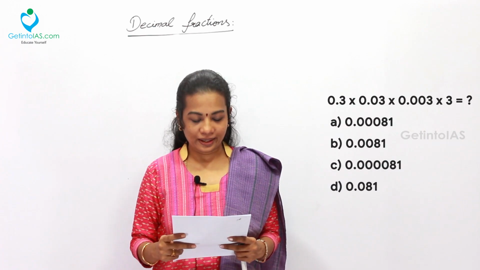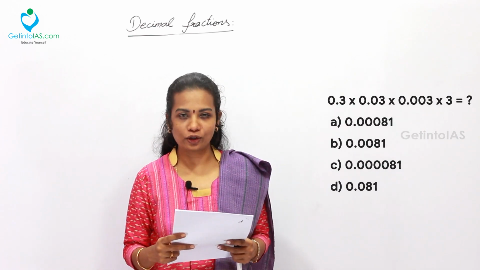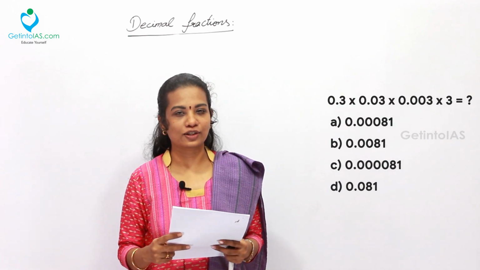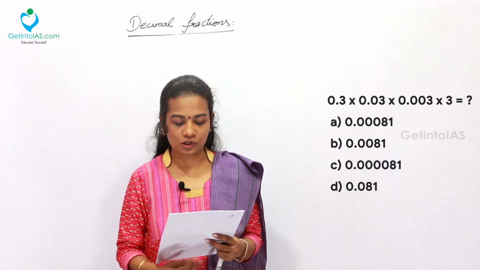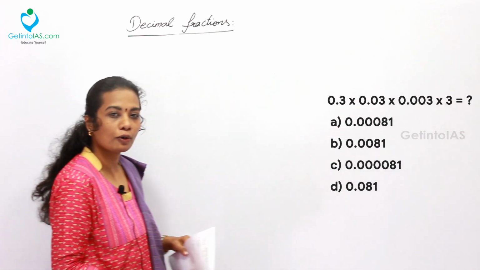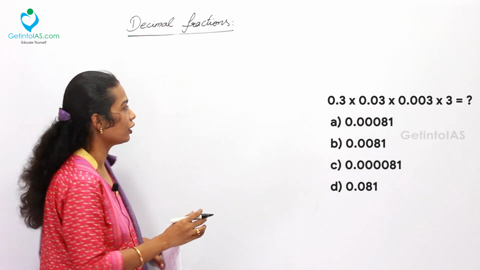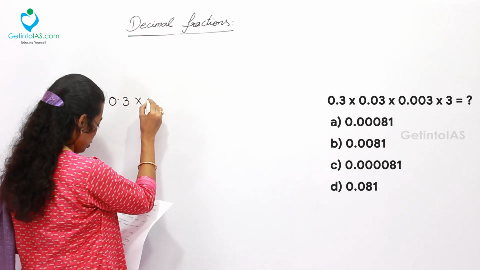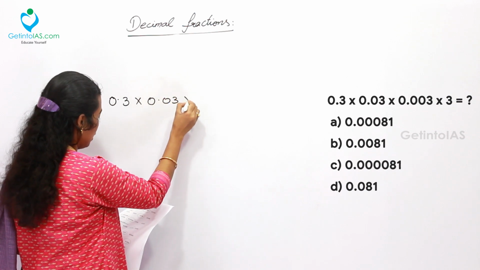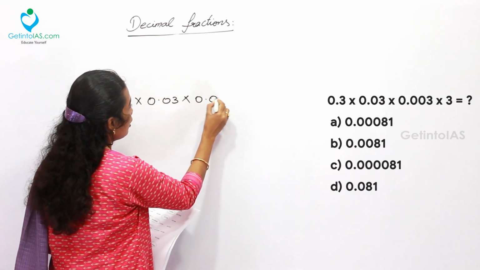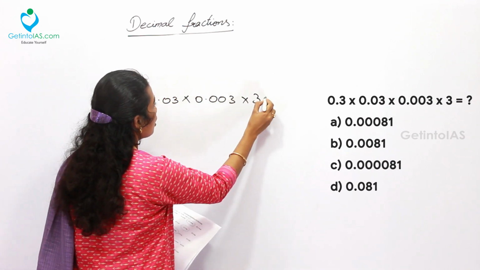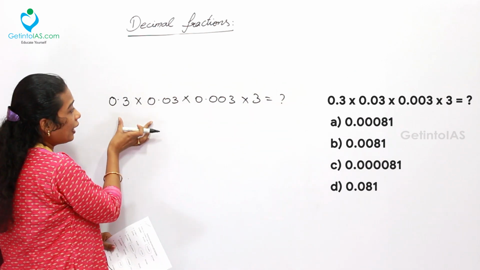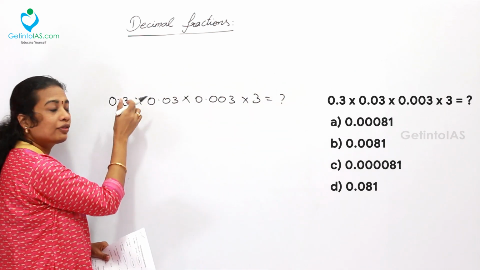The next question is 0.3 into 0.03 into 0.003 into 3, which is equal to what? Here also the 4 options are given in terms of 8 and 1. So let's solve it. Let's count the number of digits after the decimal.